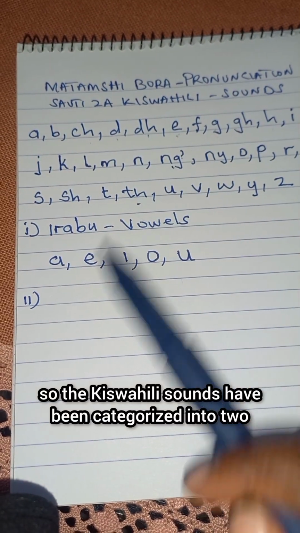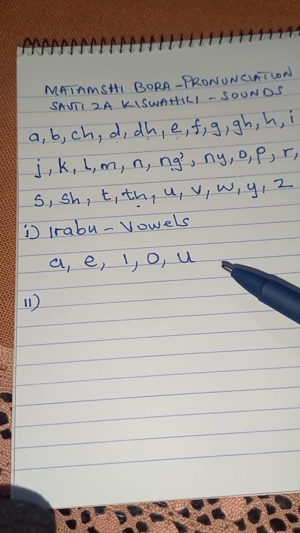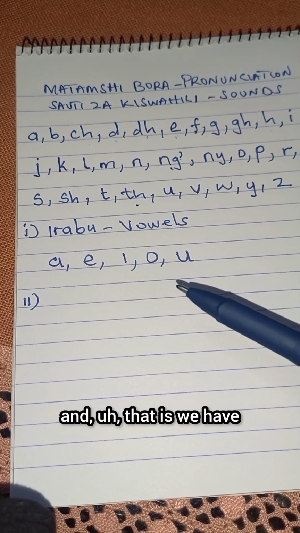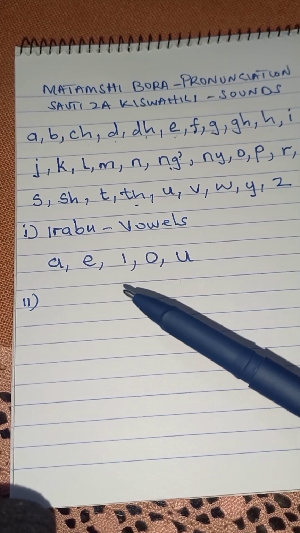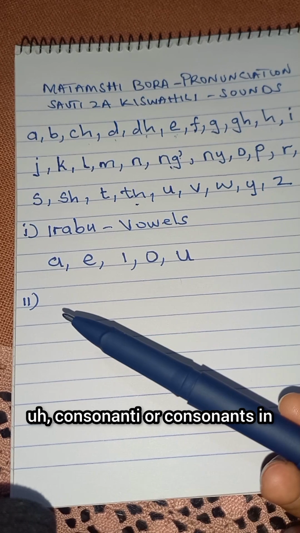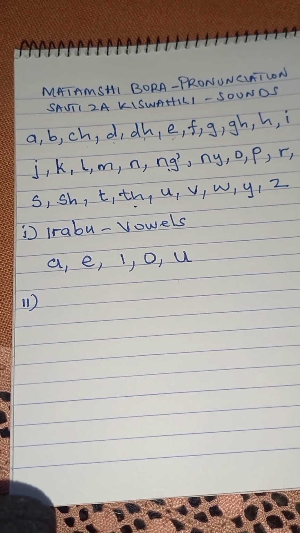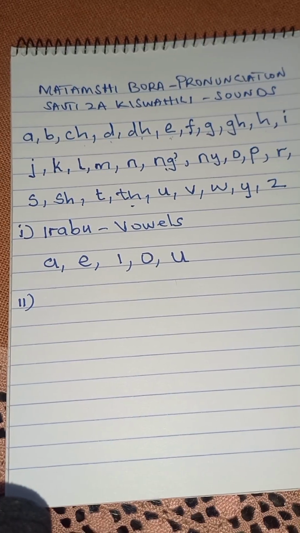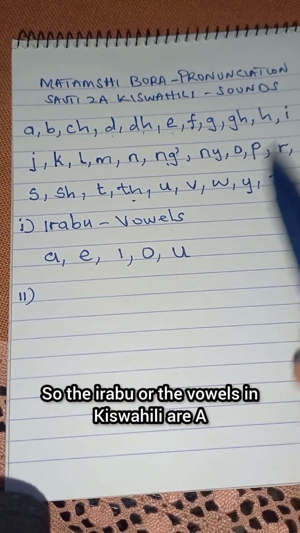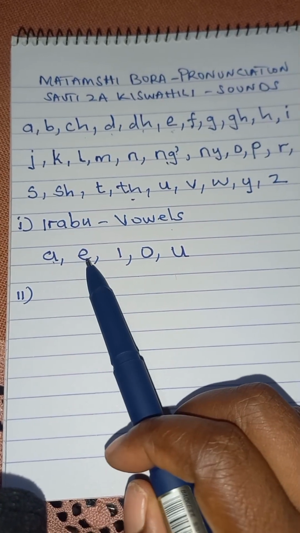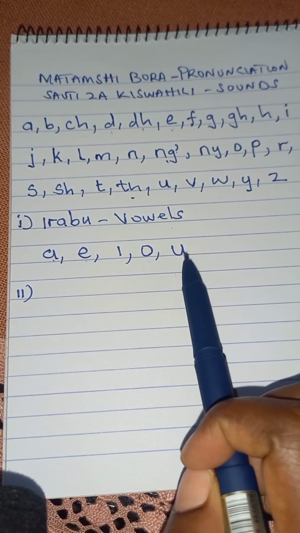so the Kiswahili sounds have been categorized into two, and that is, we have what we call irabu or vowels, and we have consonanti or consonants in English. So the irabu or the vowels in Kiswahili are a, e, i, o, u.